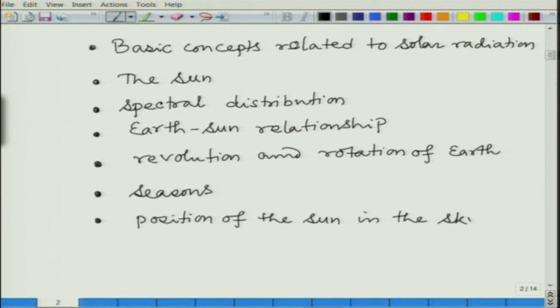If you look up, what position you will see in the sky, and we will also need to put the same thing, position of the sun with respect to the center of the earth.